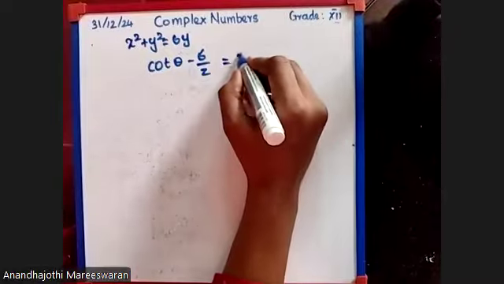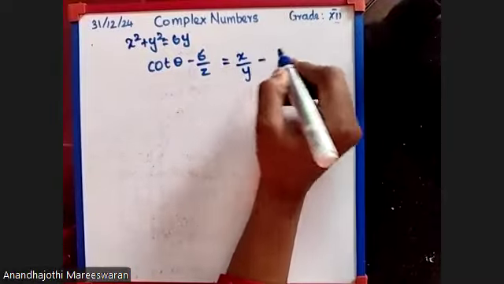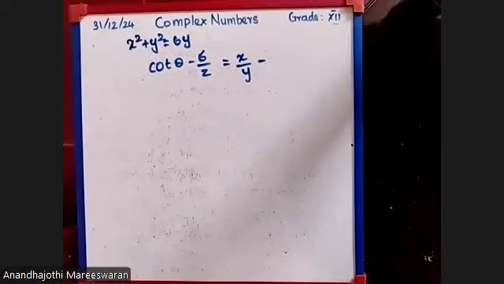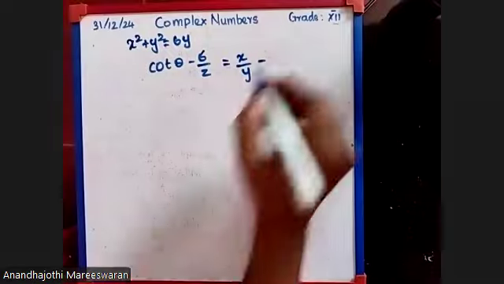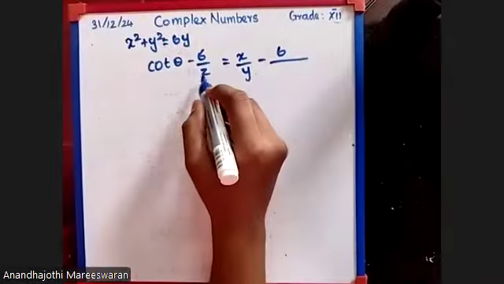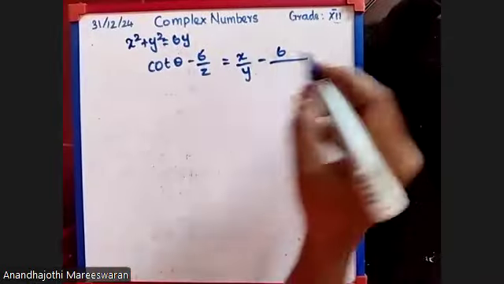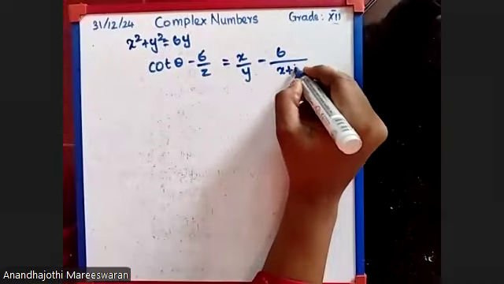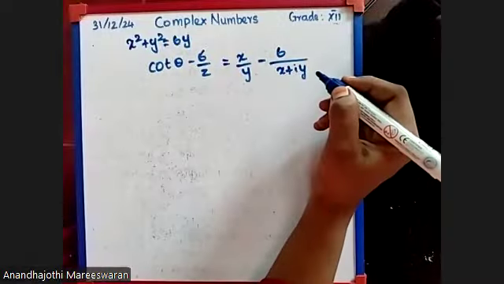What is it? x minus y minus 6 divided by, what is the value of z? Yes, x plus iy, right?